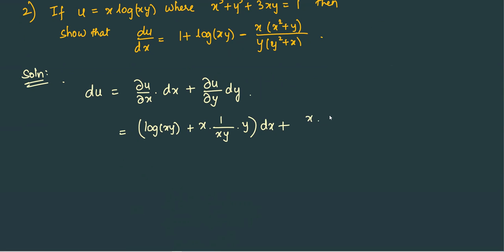We get x upon xy and the derivative of xy with respect to y, so you get x, times dy.